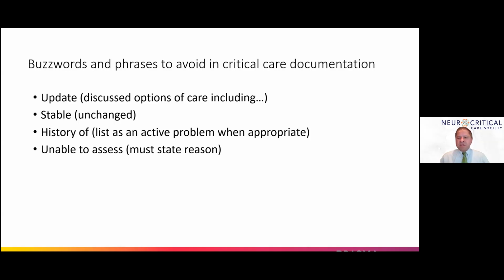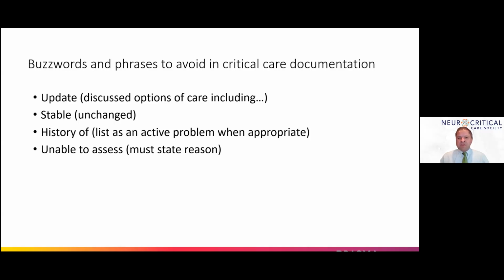So if somebody has 1 centimeter of brainstem compression, just because it is unchanged from one CAT scan to the next does not mean that the patient does not need critical care. So try to avoid the use of the word stable and say unchanged or static.